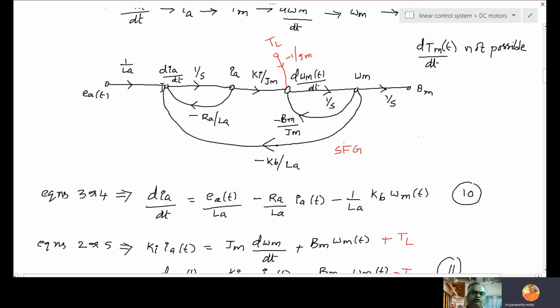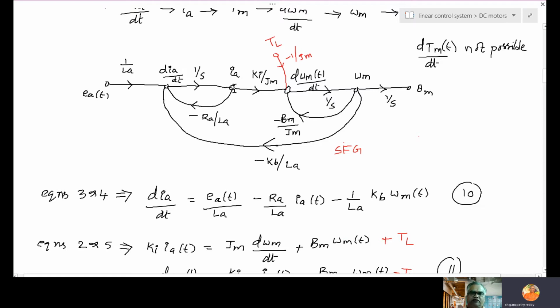So this summer output, this summing output, is nothing but Ea of t into 1 by La, then Ia into minus Ra by La, the second term. The third term is minus Kb by La into omega m of t. So this is omega m. From this signal, this signal and this signal coming in, that gives dIa by dt.